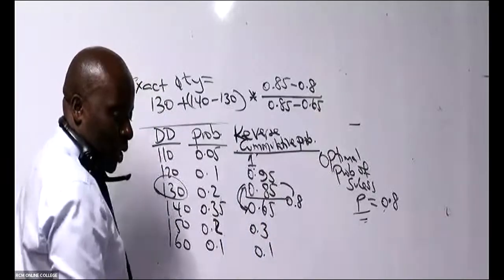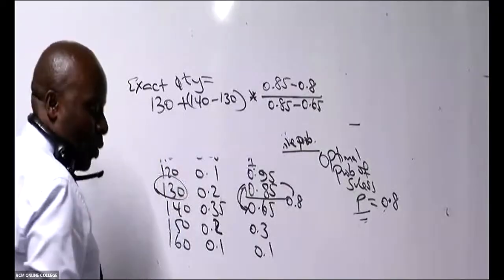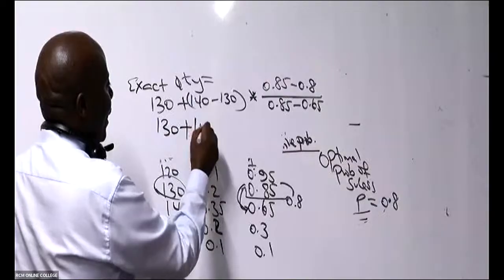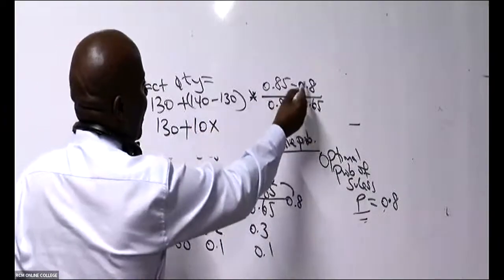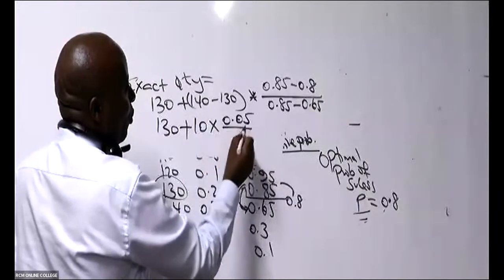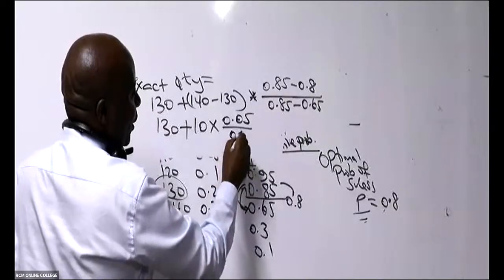Let's move slowly here. So this one will be 130 plus 10 times, this minus this gives me 0.05, all over 0.85 minus 0.65, 0.2.